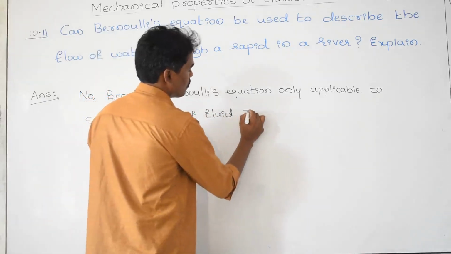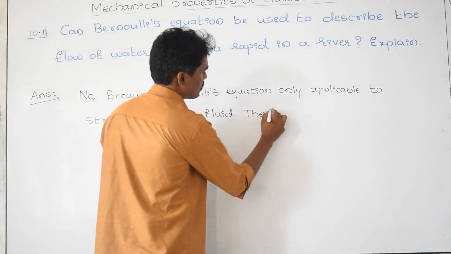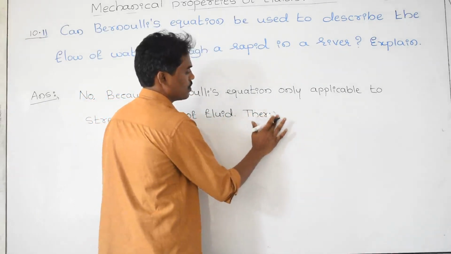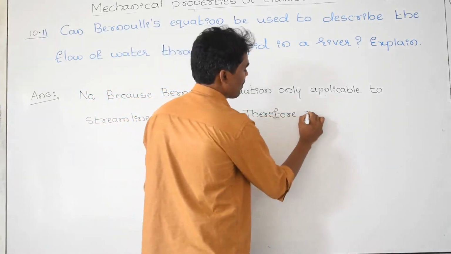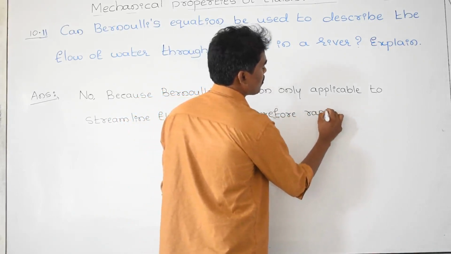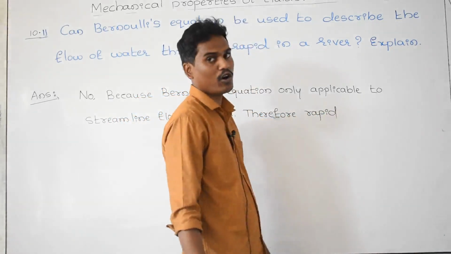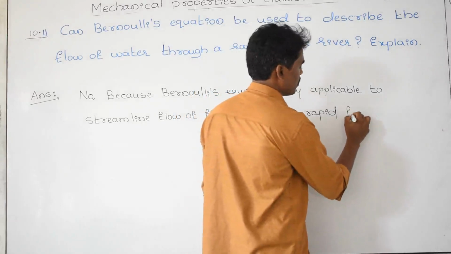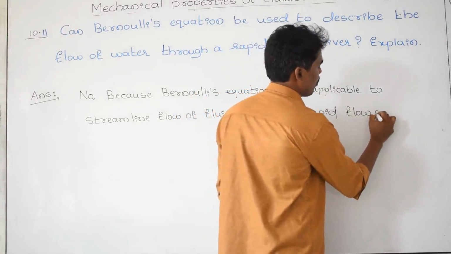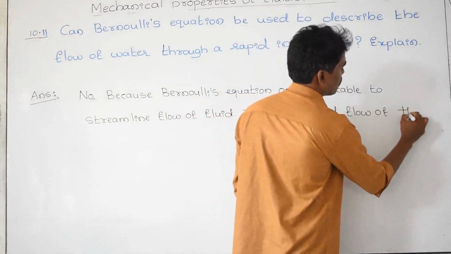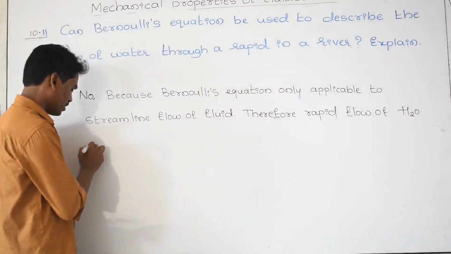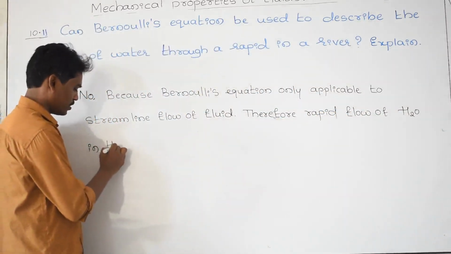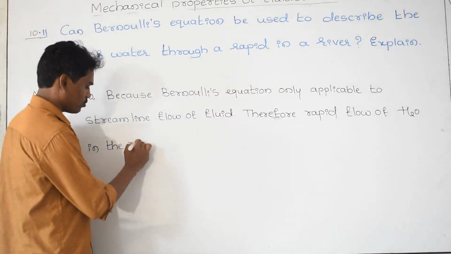Therefore, the rapid flow of water in the river, flow of water, H2O means water, in the river is a turbulent motion.